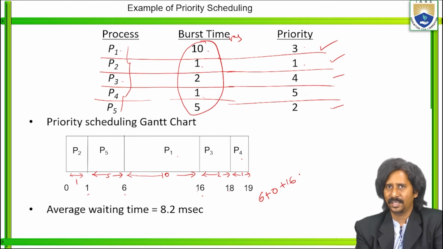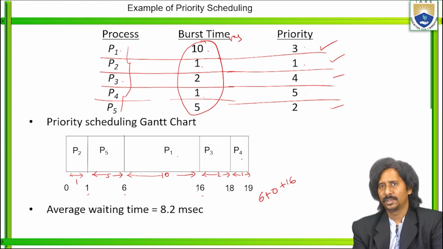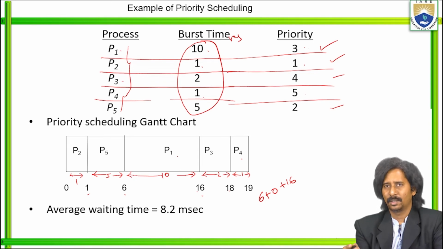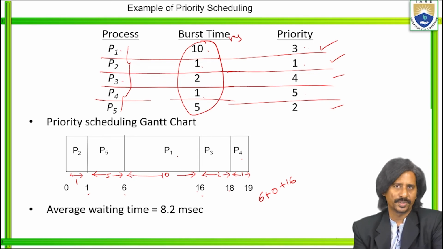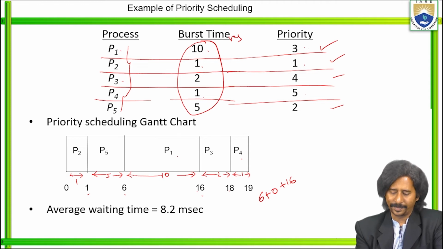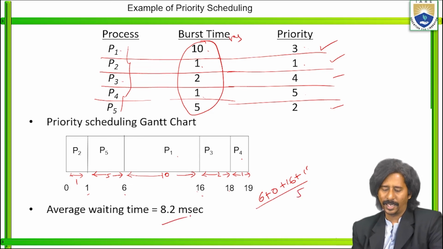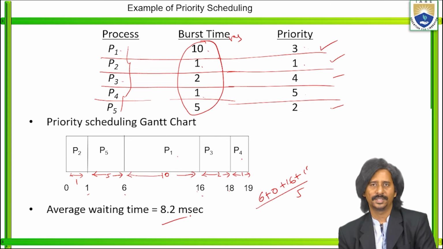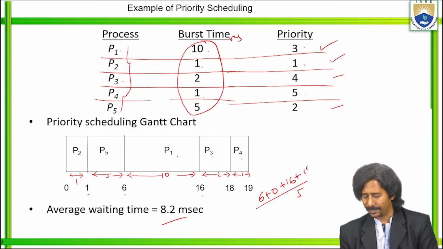As I already explained, the simple thumb rule is that the number on the left side of the process is the waiting time. For P4 it is 18 and for P5 it is 1. Divided by the total number of processes, 5, we get 8.2 milliseconds.